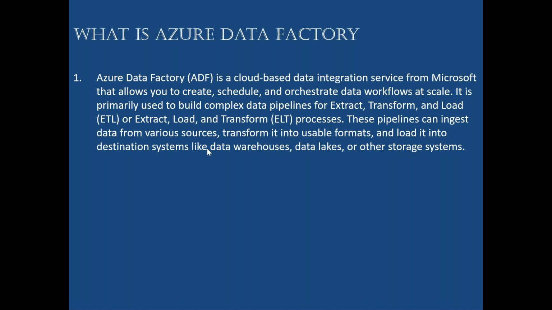Anything you can do, ETL or ELT. So these pipelines can ingest data from various sources, transform it into usable formats, and load it into destination systems like data warehouses, data lakes, and other storage systems. Whatever databases and storage systems we have, we will be loading data into them.